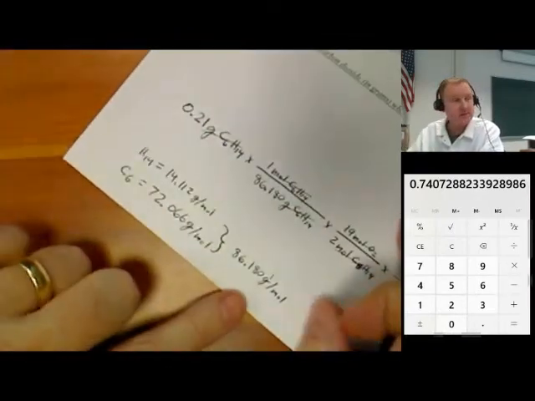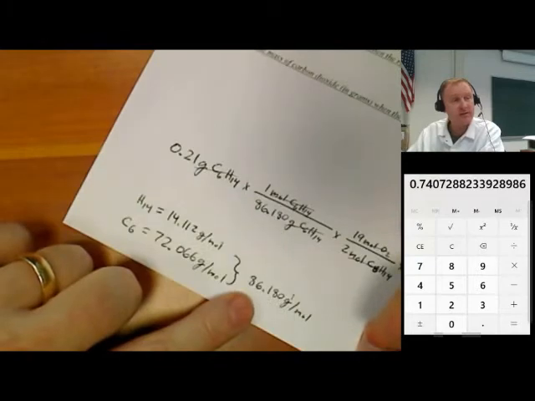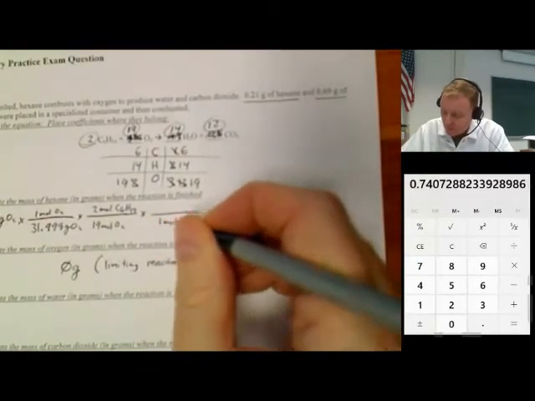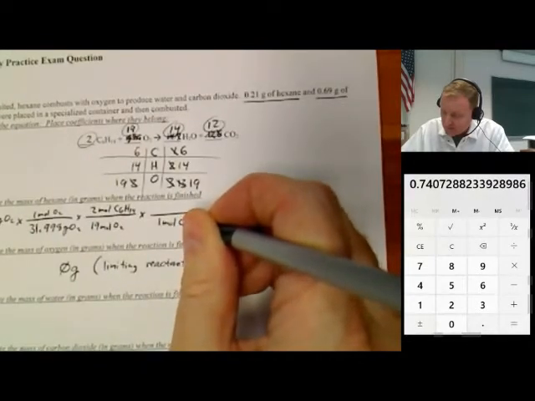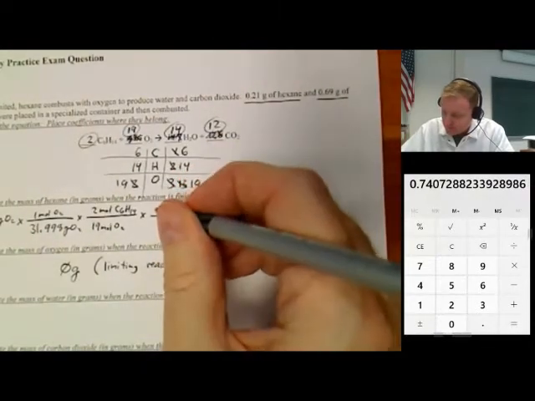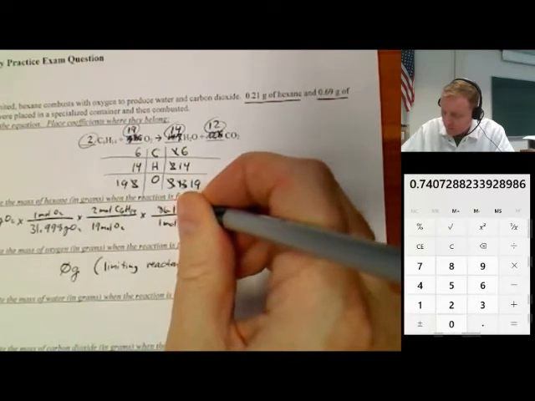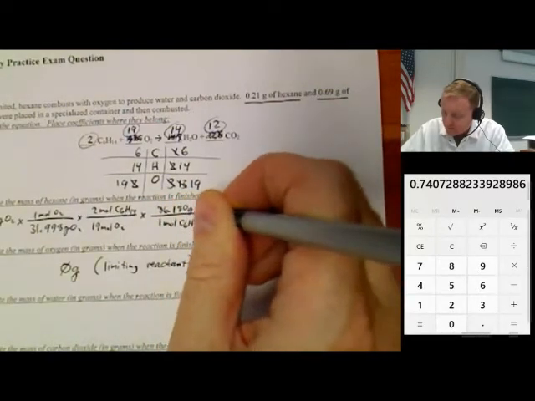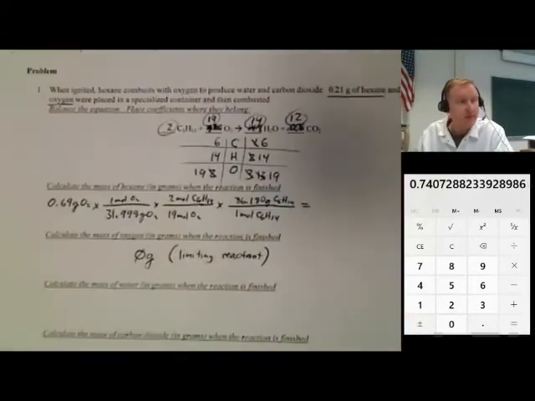And we already determined the molar mass of hexane. So we can use that again. For every 1 mole of hexane, there is 86.180 grams of hexane. Okay?